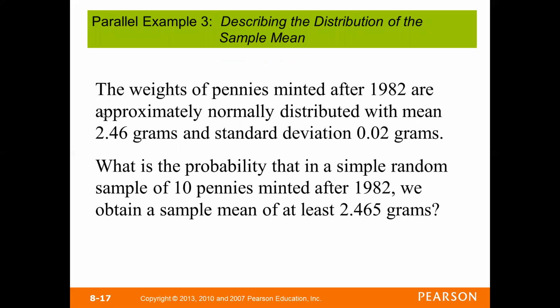I know that the underlying population is normally distributed with this mean and this standard deviation. I'm now looking at a process of taking random samples of size 10, and I want the probability that the sample mean that comes out of that sampling process is at least 2.465 grams.